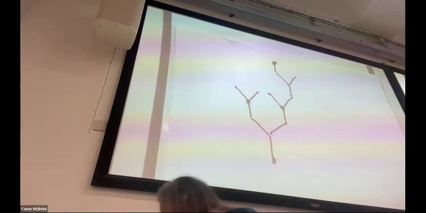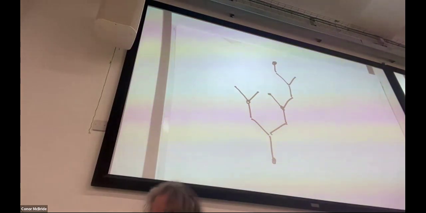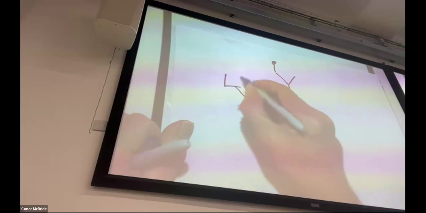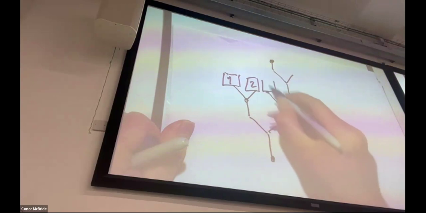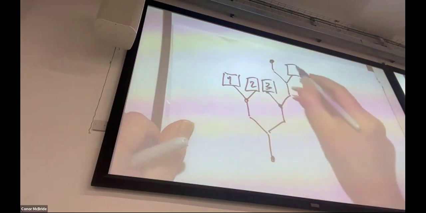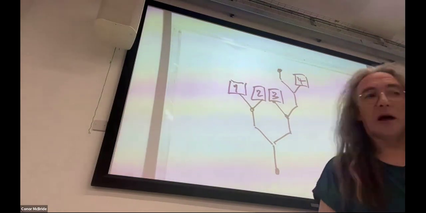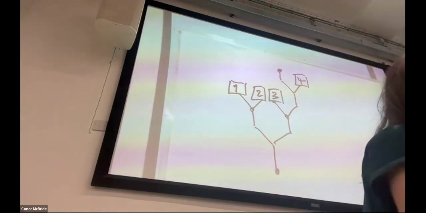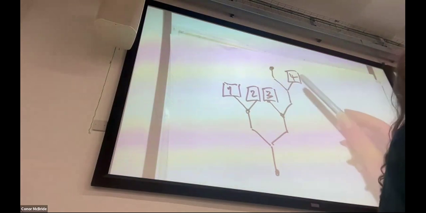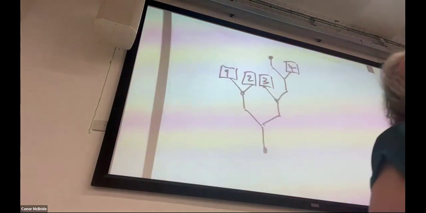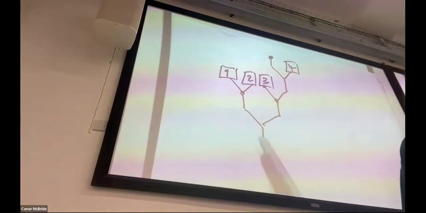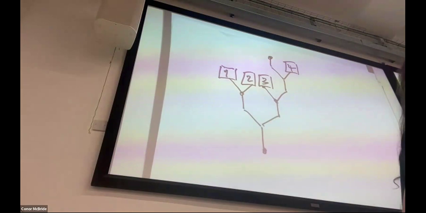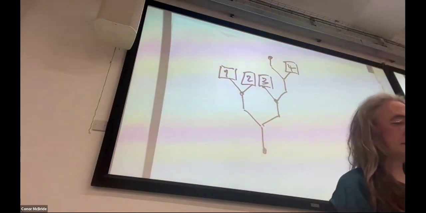I'm going to pick a color and I'm going to write some numbers in. Right. In this picture, the little blob with nothing coming off to the top that just has an output, that's going to stand for the neutral element. And the things with two inputs and one output, that's our operation.